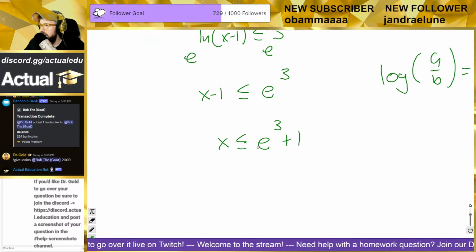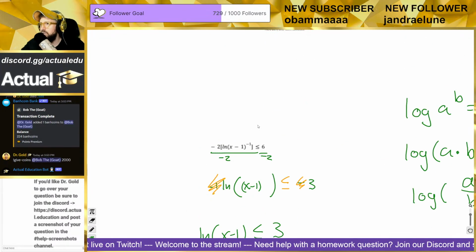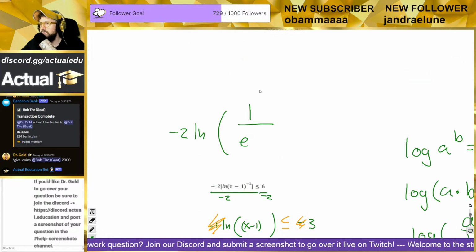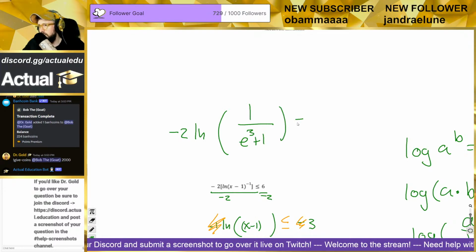You should always check. With the equals sign, you should check to see if that makes sense. So if we do that, negative 2 ln, and then it was 1 over, and then this is going to be e to the, what did we say, 3 plus 1? And they'll just say it's equal to 6. Let's just check it.